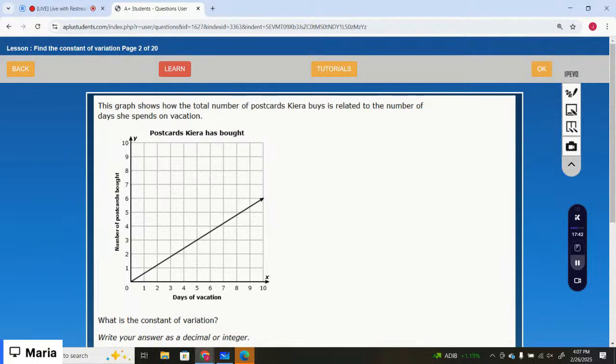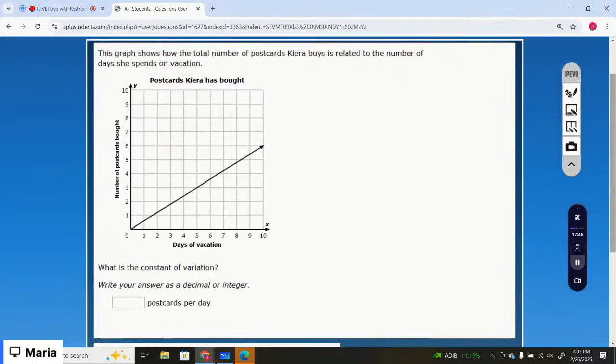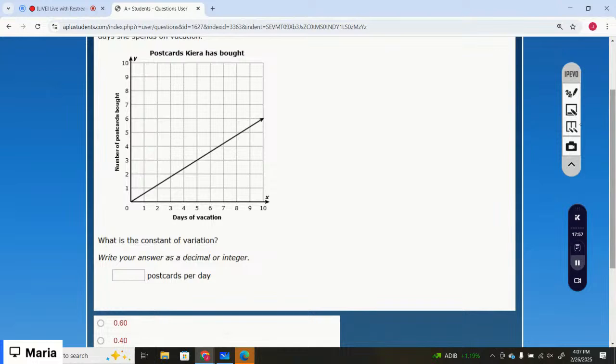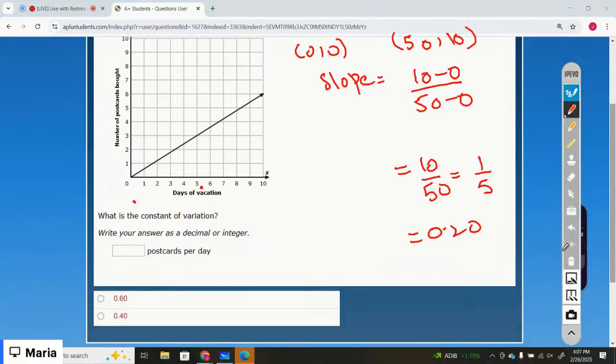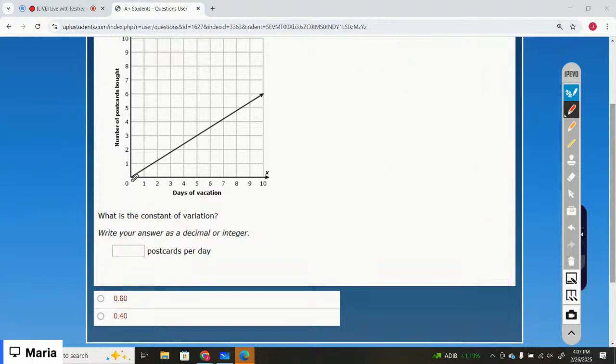This graph shows how the total number of postcards Kira buys is related to the number of days she spent on vacation. What is the constant of variation? So just select any 2 points on the graph.